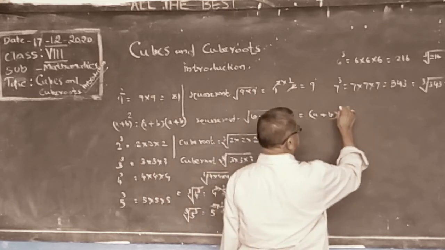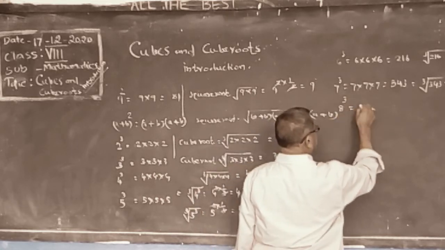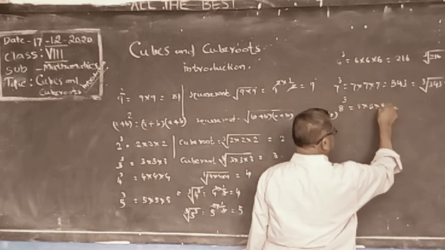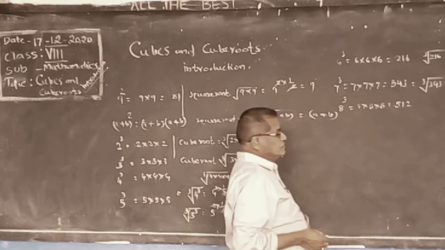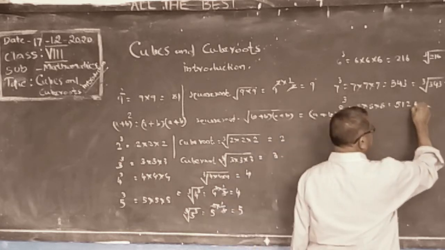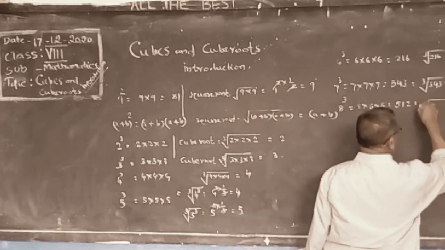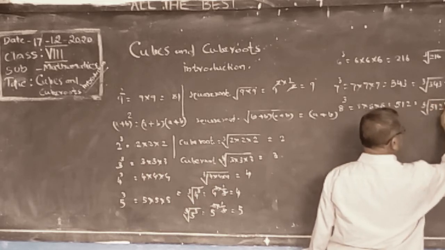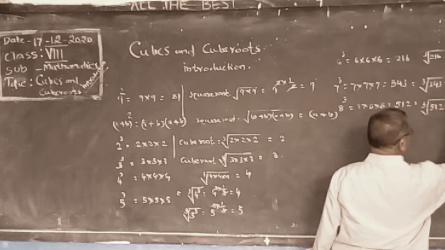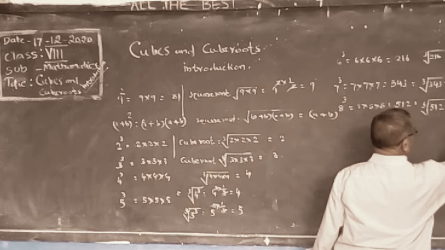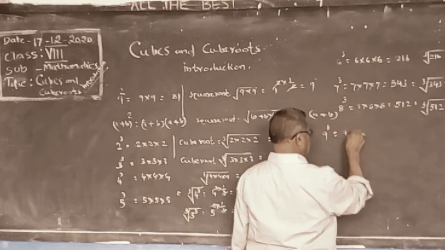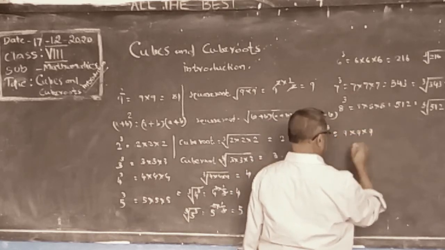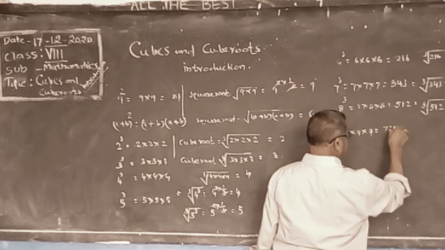8 cube, 8 into 8 into 8, the product is 512. The cube root of 512 is 8 cube into 1 by 3. The 3s cancel, we get 8. For 9 cube, 9 into 9 into 9, that is 729.